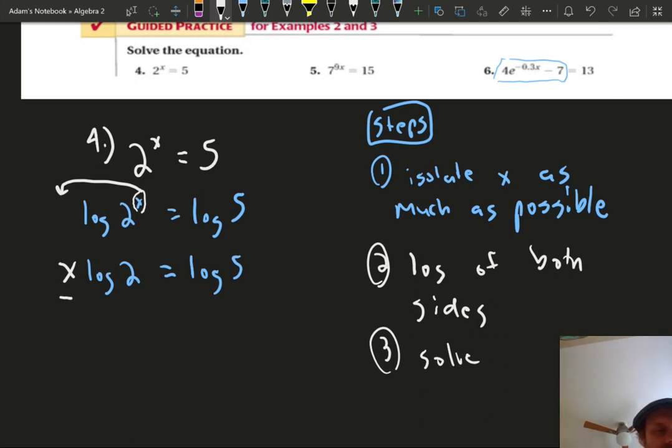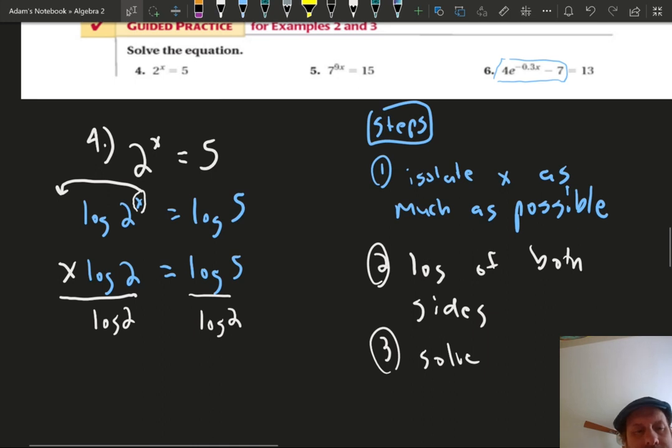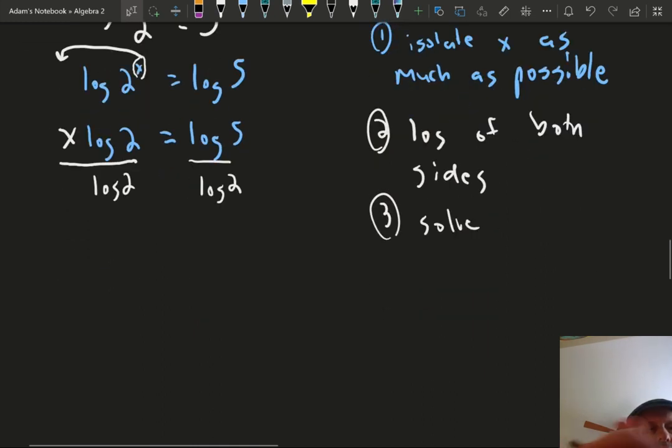So I'm going to go ahead and divide by log of 2. No problem. Okay, so that's gone. So I have x equals log of 5 over log of 2. Okay?